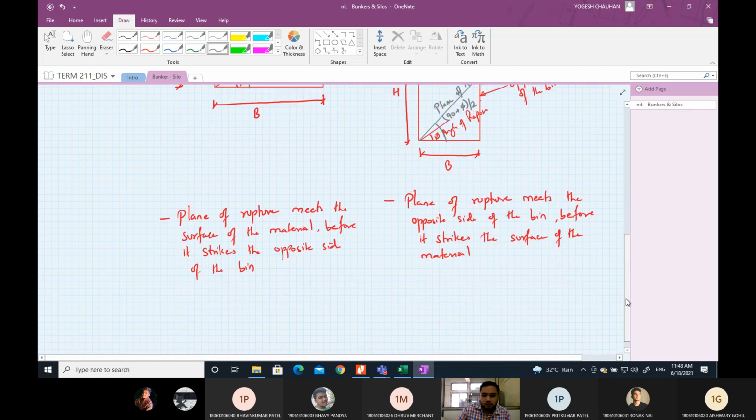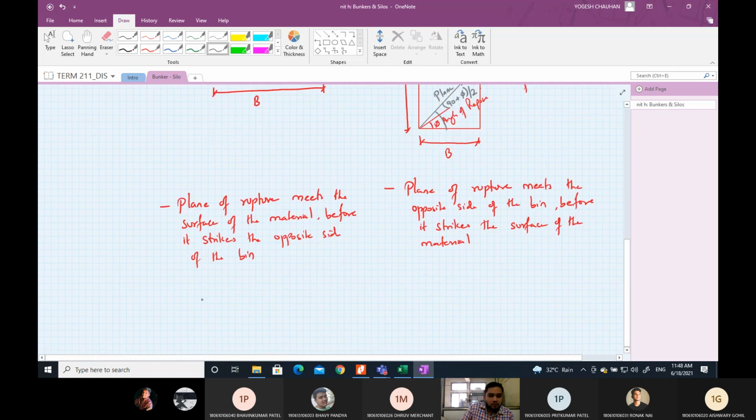So we can classify the bunkers if the height is less than B times tan(90 plus phi by 2).